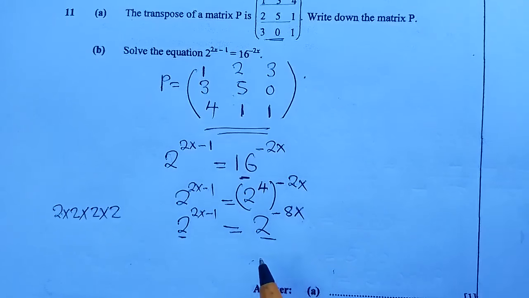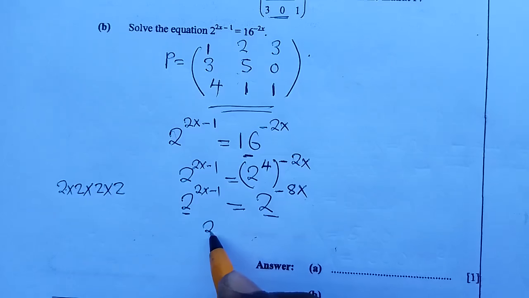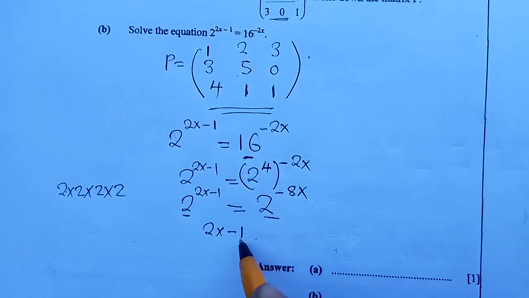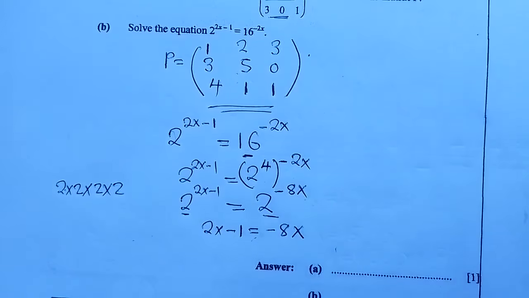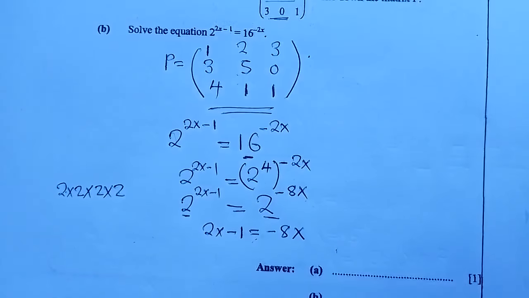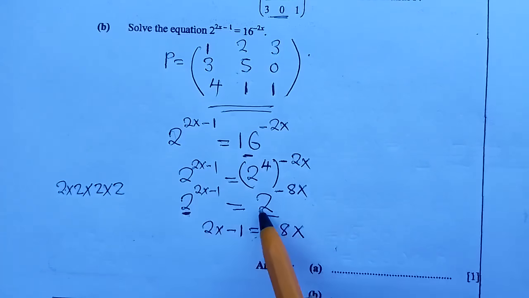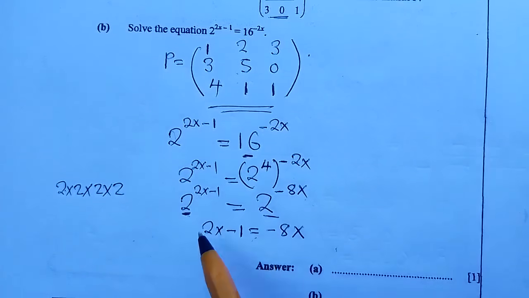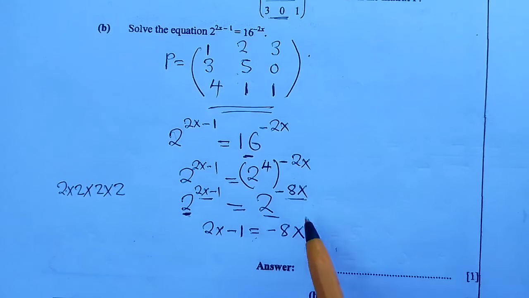What you are going to have is 2x minus 1 is equal to negative 8x. The term we like using is that the bases cancel out, but the term is that they equate, so that we get the powers.